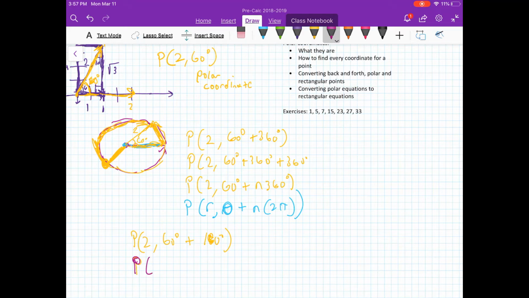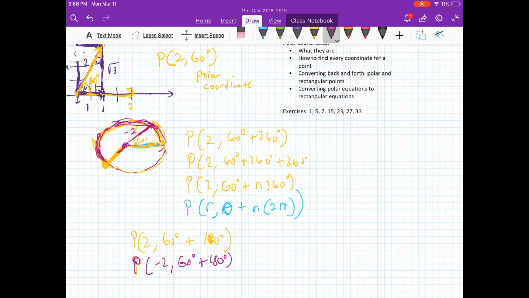Let's do P, I went negative 2, and then 60 degrees plus 180 degrees. Well, I could do that too. I went 180 degrees plus 60 degrees, all that way, and then from the origin, instead of going 2, I went negative 2. Oh, that would create the same line, because instead of going forward, I went backwards. So I could do that too.